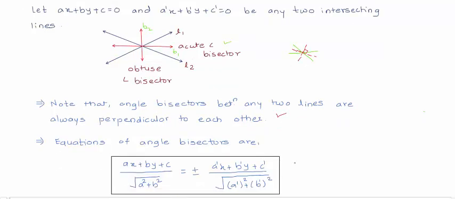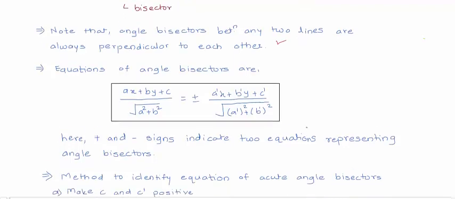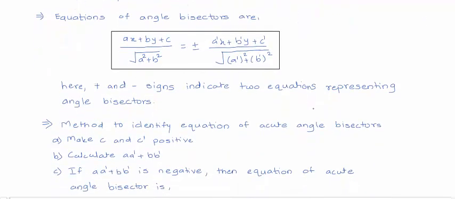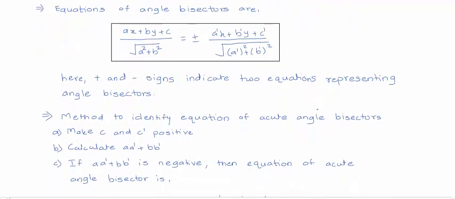Now, in entrance, the simplest question that they might ask us is to find equation of angle bisector. Okay, now equations of angle bisectors are (ax plus by plus c) divided by root of (a square plus b square) equal to plus or minus (a dash x plus b dash y plus c dash) divided by under root (a dash square plus b dash square).